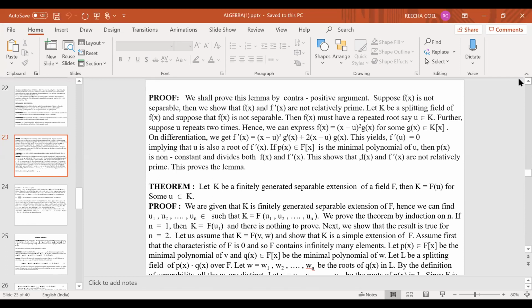Then this K can be realized as a simple extension. That is, you can always find an element u in K such that K is nothing but F(u). So the proof of this, important also, goes like this.